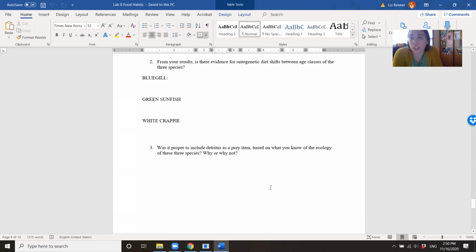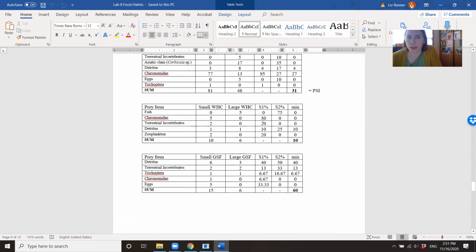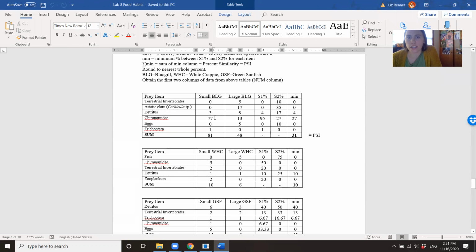They don't eat that much in terms of fish, but they use a wide variety of zooplankton and different invertebrates, and to some extent some detritus. So we see that detritus does make up a component of the diets of both small and large bluegill.